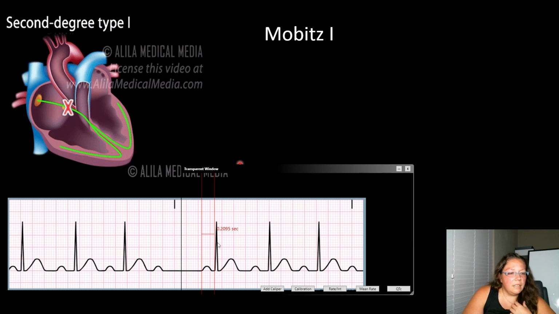So as you see here, it's 0.2. If you go over to this PR interval, it's longer. It's not 0.2. This one is 0.29. Then we come over to this one. We've got 0.3, and then this one doesn't have one.